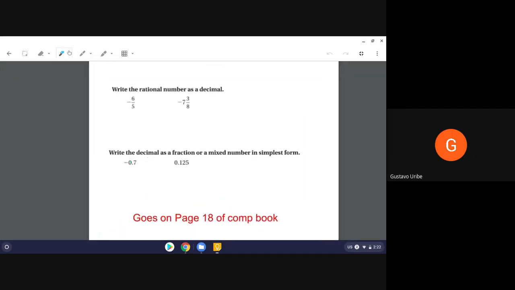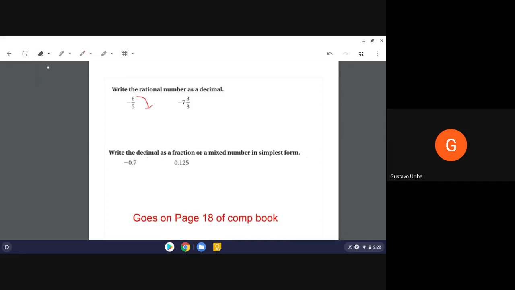Okay, so let's see, -6/5. Remember, this is going to tilt. It's as if this just falls, right?